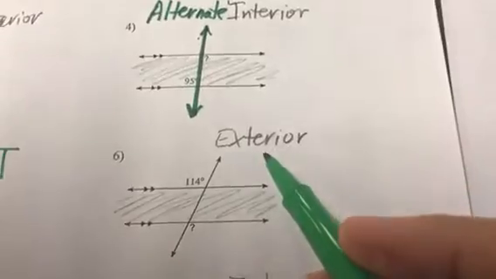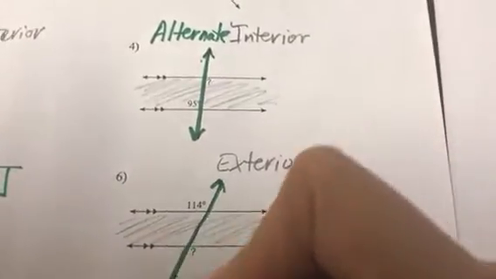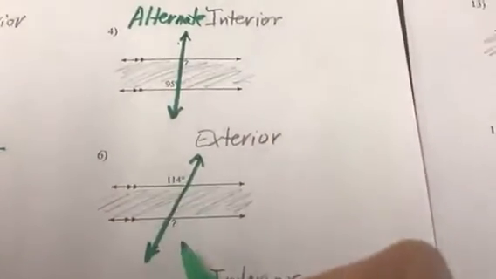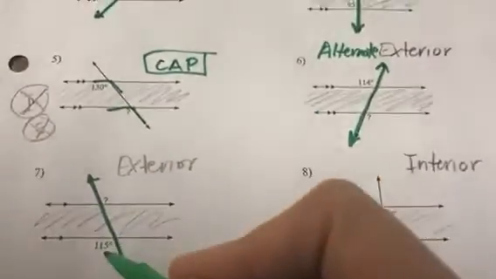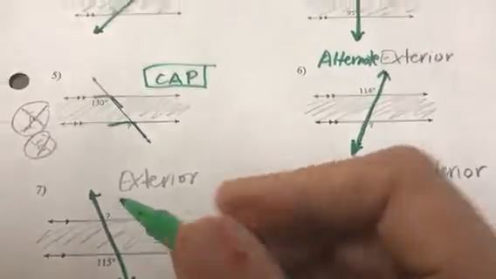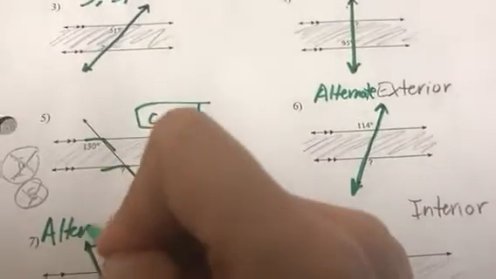Okay, exterior. Trace my transversal. One's on the left, one's on the right, so I'm going to call that alternate. Trace the transversal. One is on the left, one is on the right of my green line. Alternate. Trace the line.